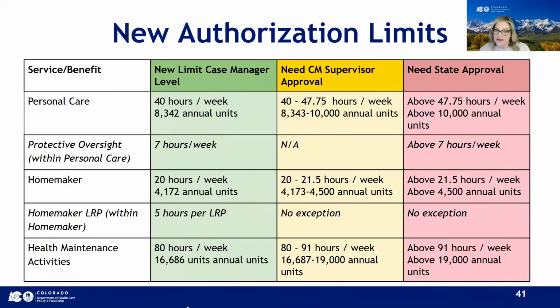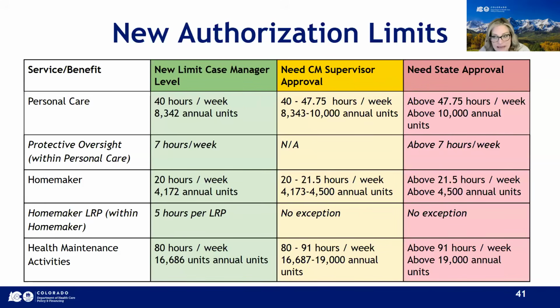Supervisors are going to have to sign off and approve authorizations that fall within that yellow column and up to the cap, and for individual tasks that go above the task standard. So really this range that you're seeing here in yellow is when you're going over a task standard on your direct care service calculator, it's likely putting the service up into that range where you're going to need a supervisor approval in order to move forward.